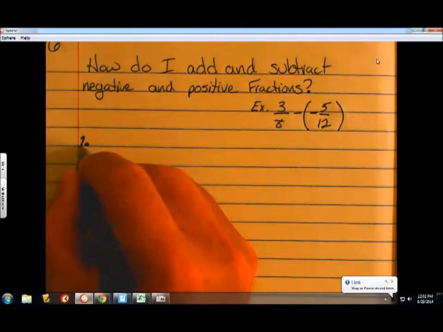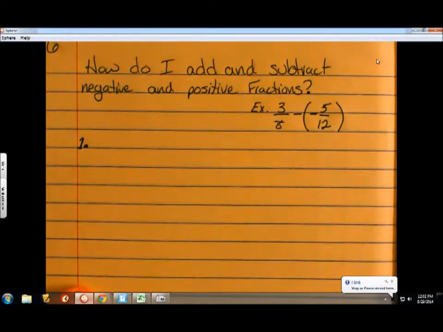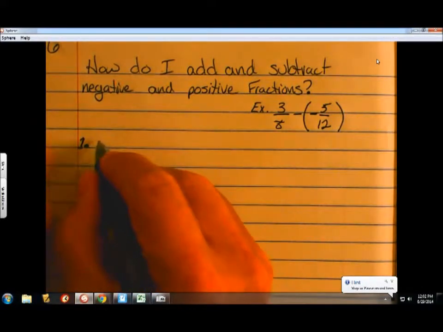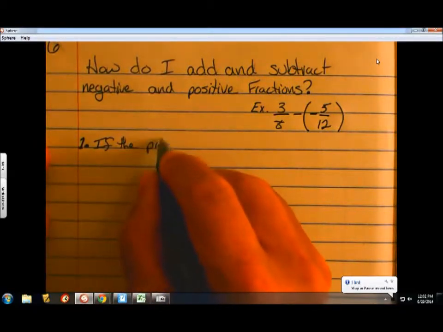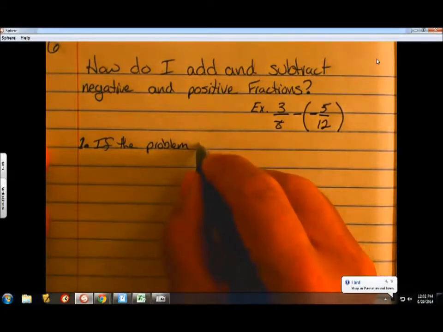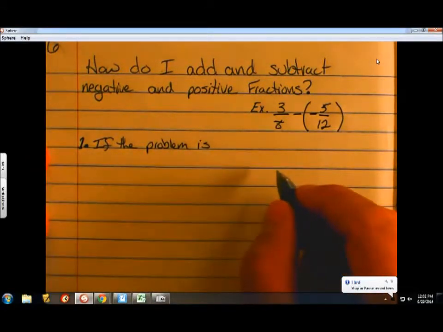Step number 1. If the problem is subtraction, we're going to change it over to its additive inverse.